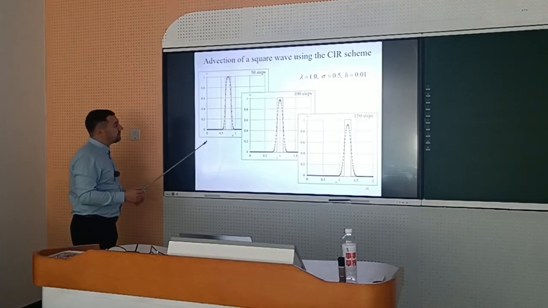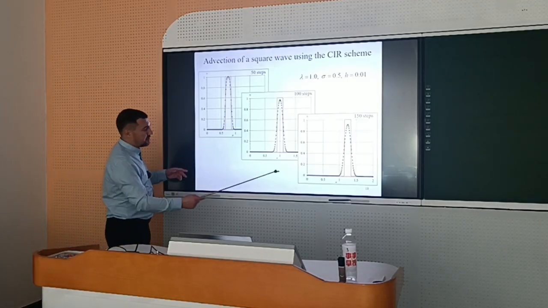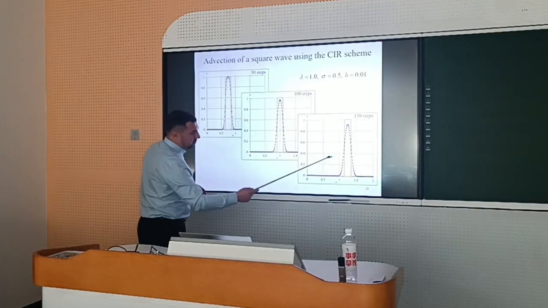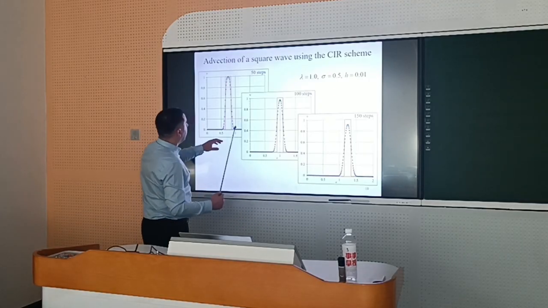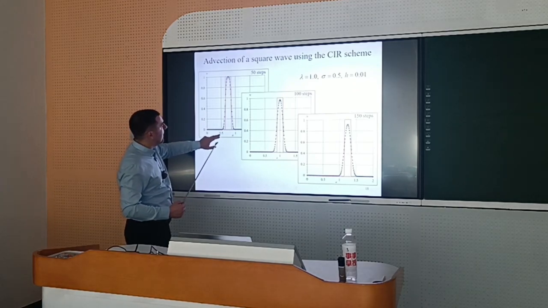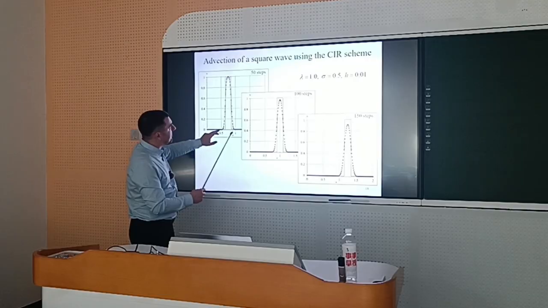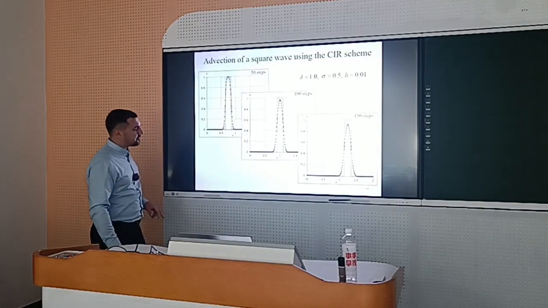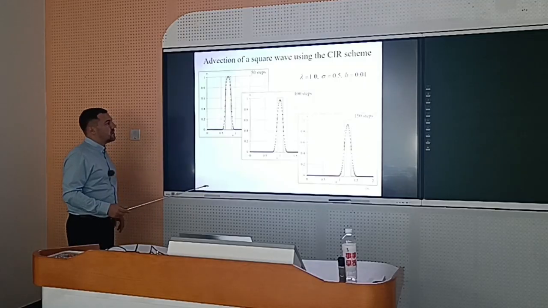And so we consider the computational domain, an interval from 0 to 2. Initially our square wave was here, for x equals 0.5. And we compute 50 steps, 100 steps, and 150 steps using the Courant-Isaacson-Rees numerical scheme.